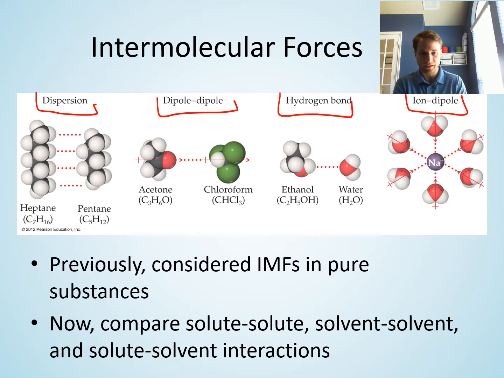Heptane and pentane have dispersion interactions between the solute and solvent. Acetone with chloroform has dipole-dipole solute-solvent interactions. Hydrogen bonding occurs between things like ethanol and water. And sodium and chloride ions dissolved in water will have ion-dipole intermolecular forces between the solute and solvent.